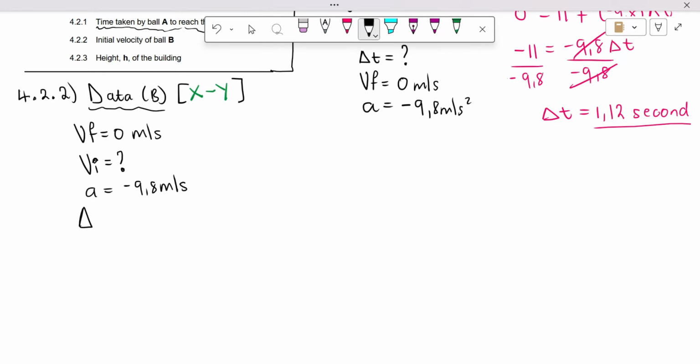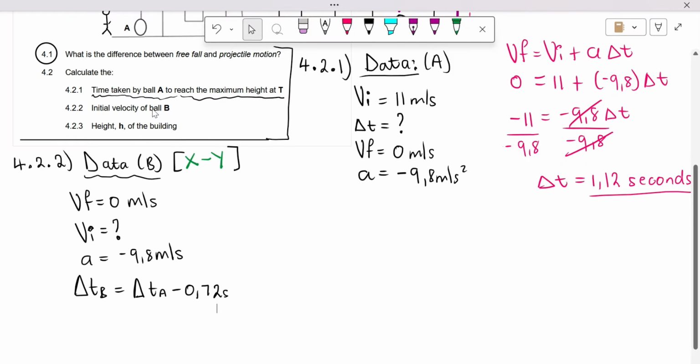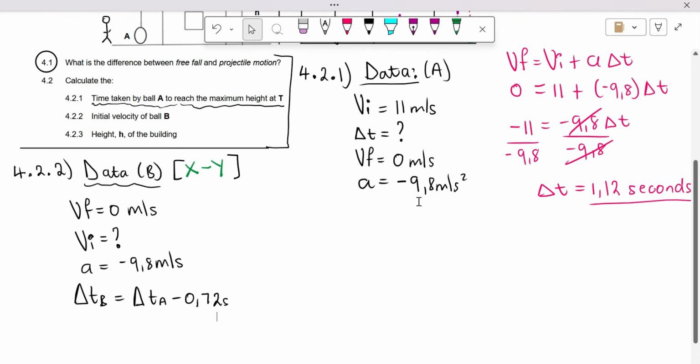The time for ball B, we're going to call this delta T for B, must be equal to the time for ball A minus 0.72 seconds. That's because after 0.72 seconds, ball B was then thrown. Meaning the time difference between A going up and B going up was 0.72 seconds. Cool. And then now that we want the initial velocity, can we try to get something?